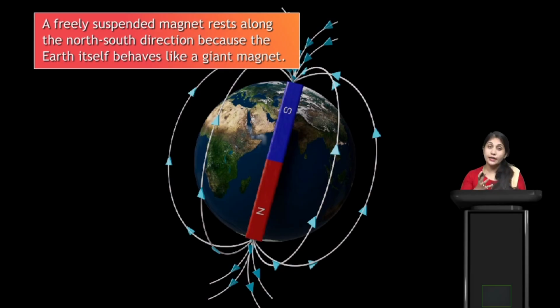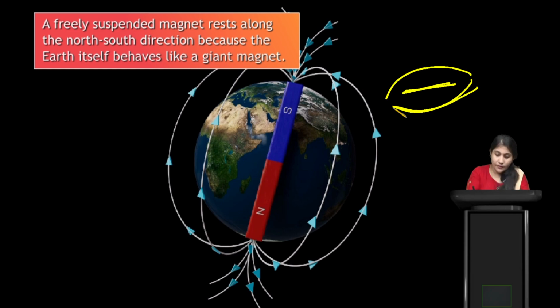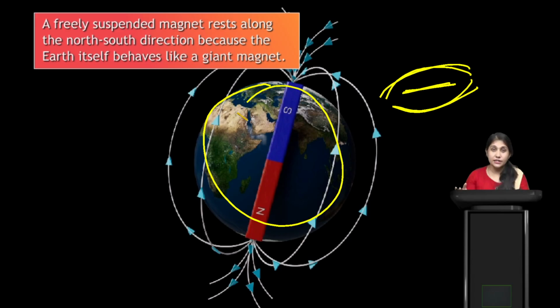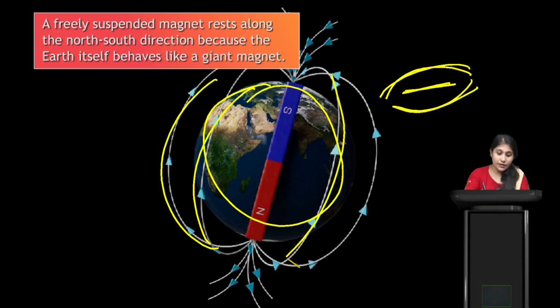Because of this huge magnet, the earth generates a magnetic field beyond the surface, isn't it? Suppose this one is a magnet. Okay, and now it will generate the magnetic field this way. Similarly, this one is the earth, and now it is generating the magnetic field in this direction. In this way, the earth is generating the magnetic fields, isn't it?